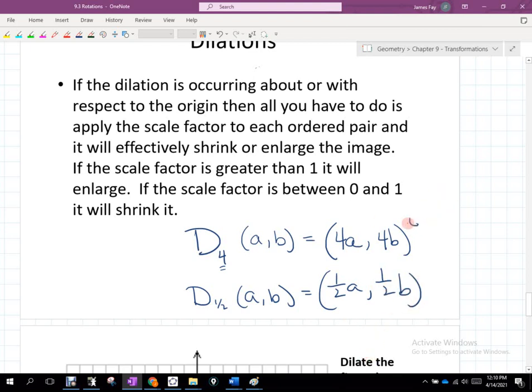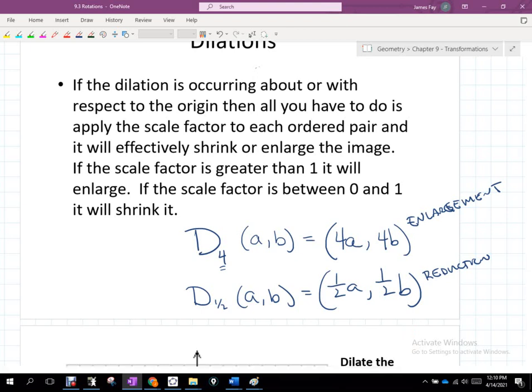So this would be an enlargement, which is usually the word they use, but that's growing, right? And this one will be called a reduction, which we usually call shrinking.